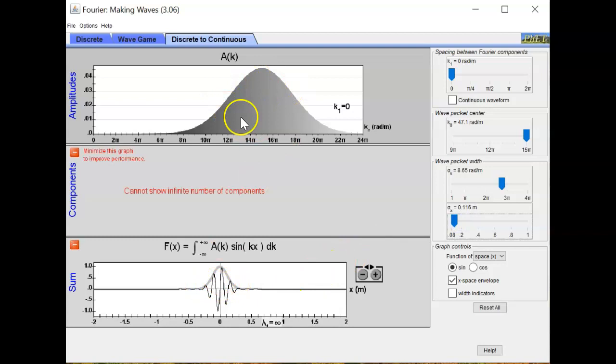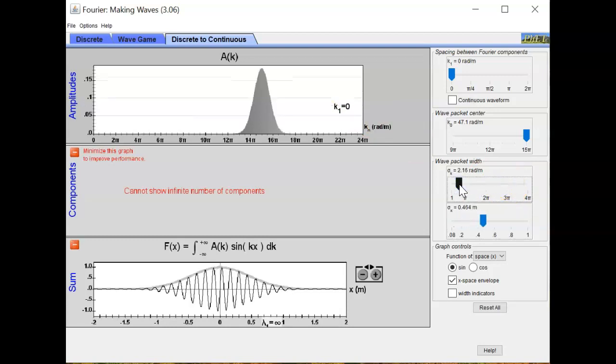But the flip side is I'm changing my uncertainty in k, which for a physical particle would correspond to changing your uncertainty in momentum or uncertainty in energy. So specifically, if we decrease sigma k, we have decreased our uncertainty in momentum, we have decreased our uncertainty in energy, but we have increased our uncertainty in position.